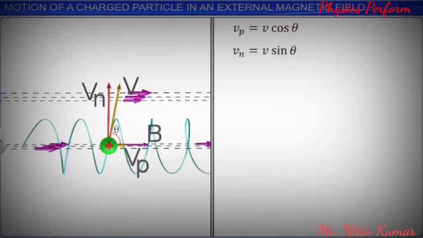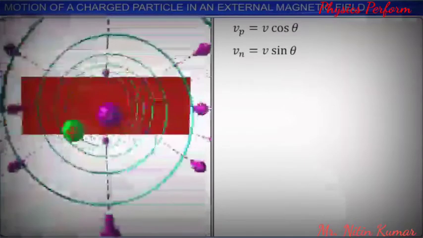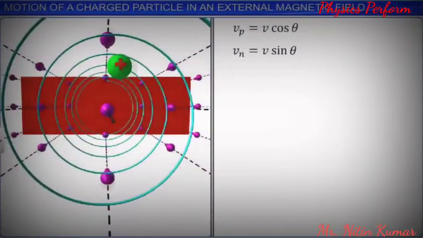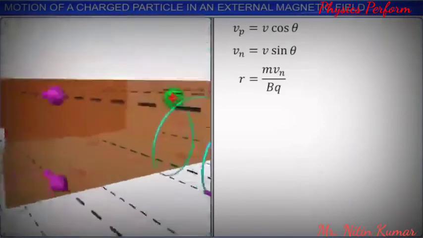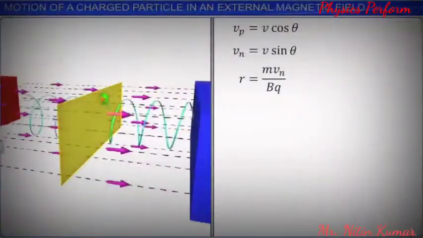At the same time, due to the normal component of velocity, Vn, the charged particle moves in the circular path with radius r equal to m into Vn by BQ. Thus, the charged particle has a velocity in the direction of the magnetic field and also in a circular path, whose plane is perpendicular to the direction of the field.